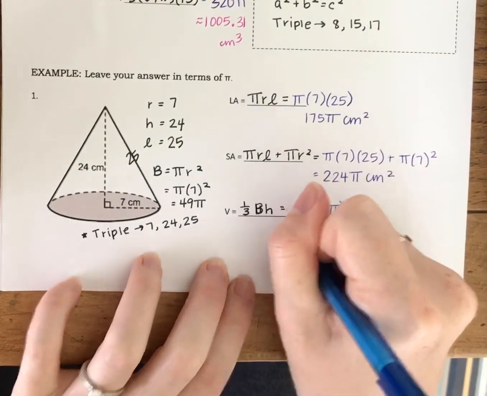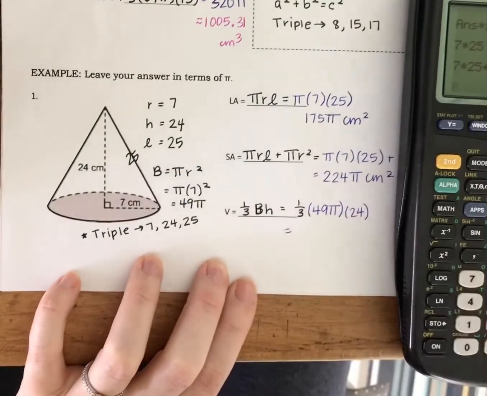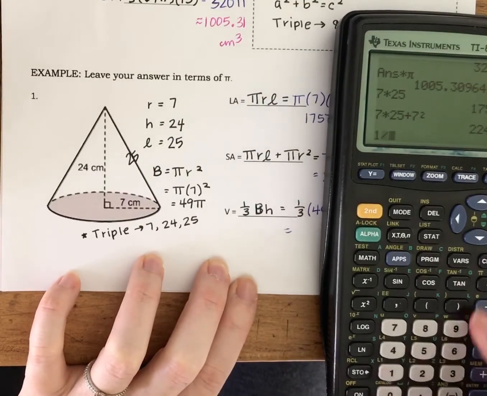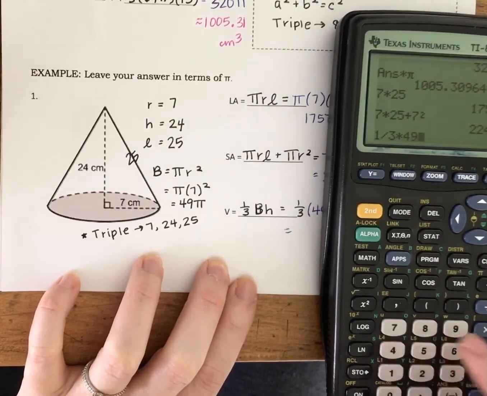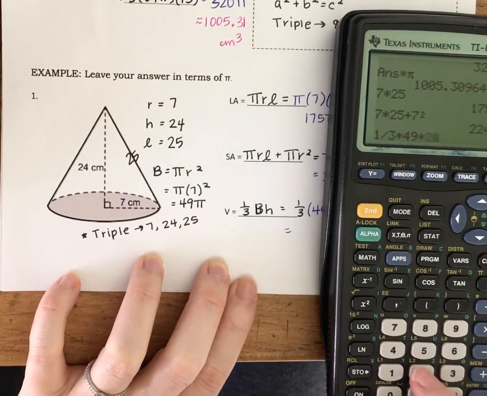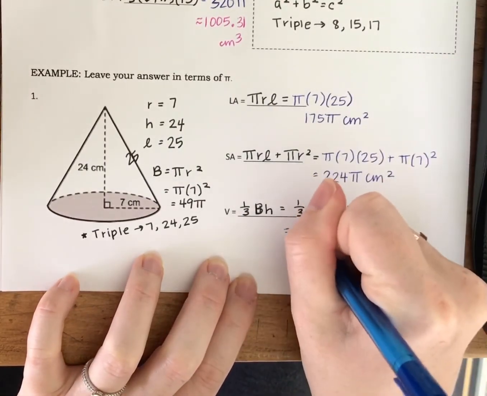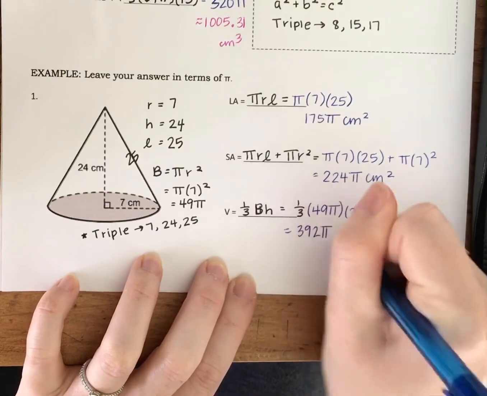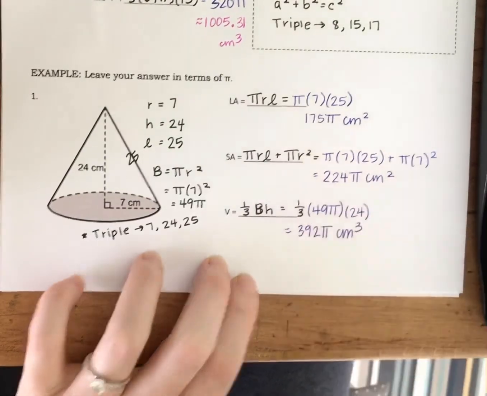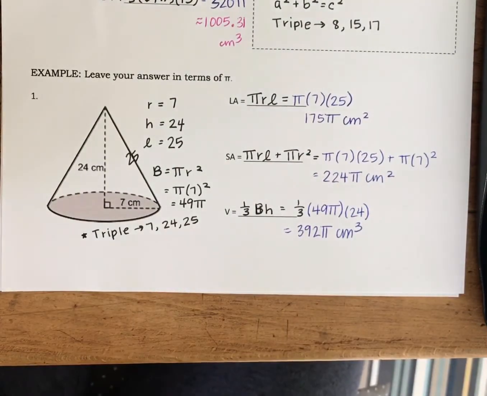Again, if I'm doing this in terms of pi, ignore the pi. So it would be 1/3 times 49 times 24, which gives me 392 pi centimeters cubed. And that is surface area and volume of cones.